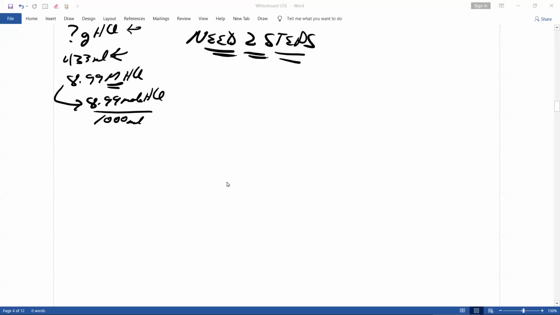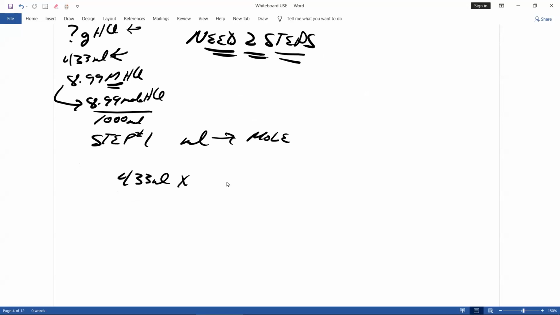So the first step, I go milliliters to moles. And the only milliliters I have is this. And why don't you fill in the rest right here? What units you're trying to get to, what units go here, and what numbers. And I'll let you try that first. All the information you need for here is located right here.